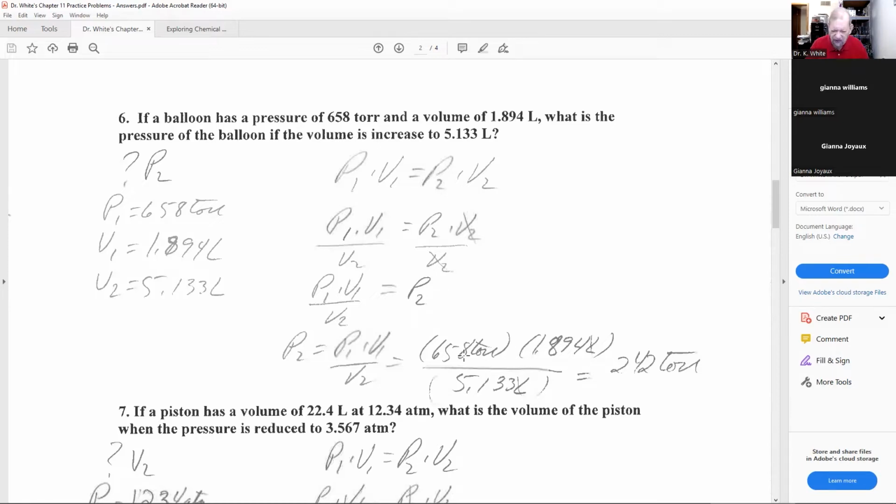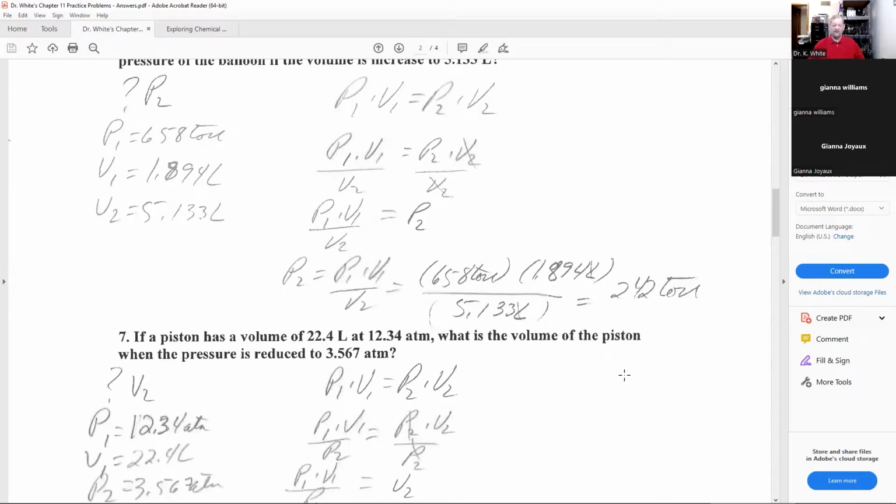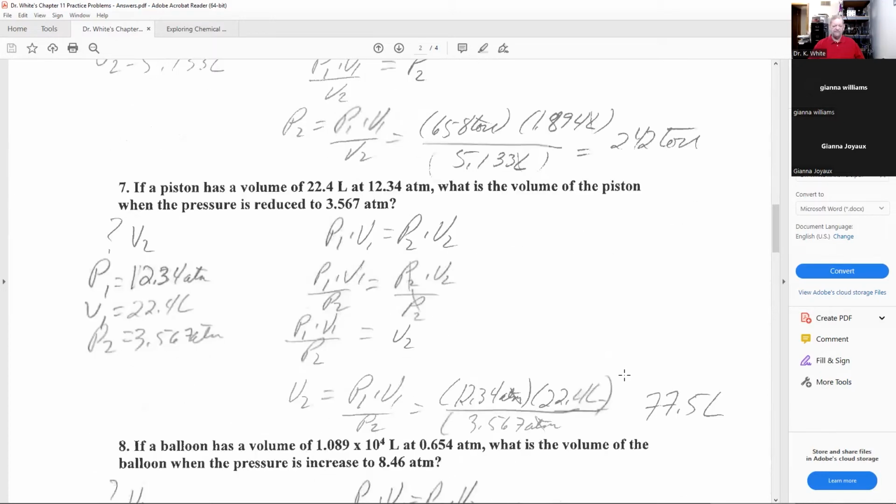And notice this is 3 significant figures, 4, 4. When you're multiplying and dividing, your answer should have the same number of significant figures as the number you're multiplying or dividing that has the fewest significant figures, 3, 4, 4. My answer is 3, and you'd have to round it off from what's on your calculator.